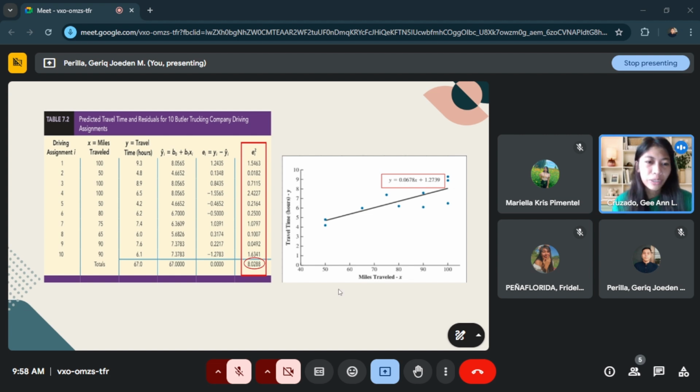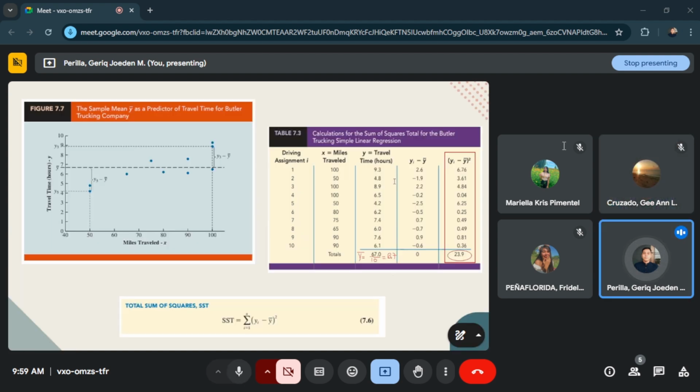Ito ay nag-measure ng error gamit yung estimated regression equation y sub i equals 1.2739 plus 0.0678 x sub i, which is pinapakita dito sa figure sa may kanan, yung nakabox na equation, para ma-predict yung travel time for the driving assignment ng mga sample. Next slide.